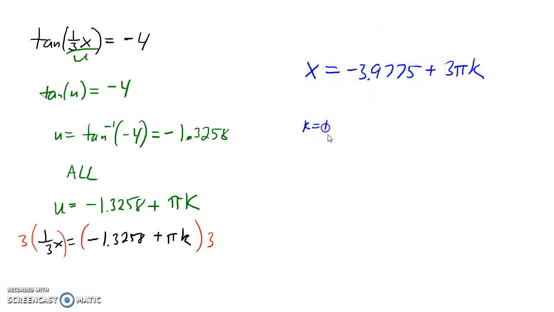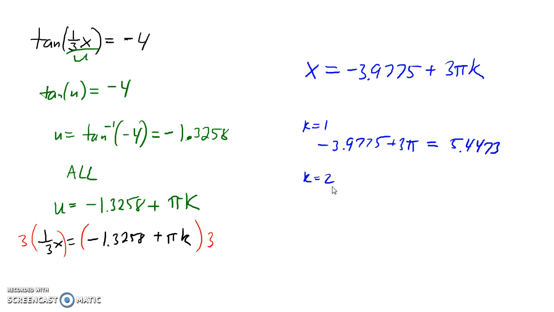But if we let k equal 1 here, we would get -3.9775 plus 3 pi, and we end up with 5.4473, and that would be our first positive solution.